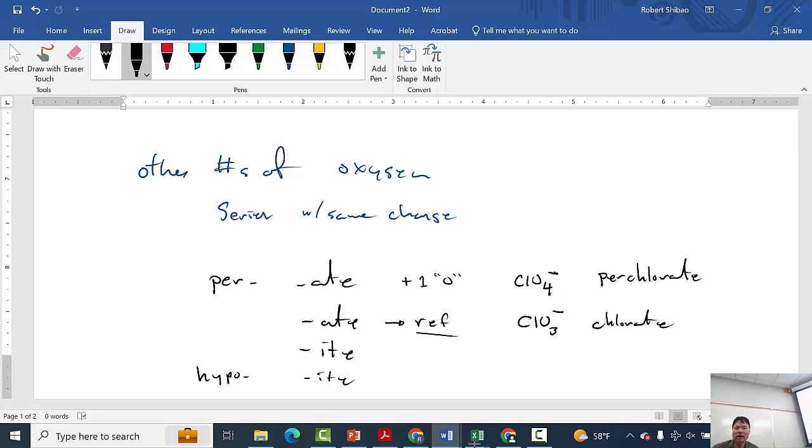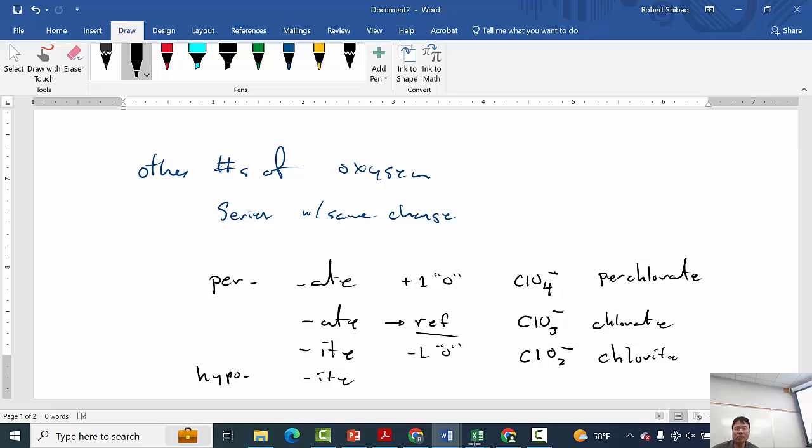All right, what if we have 1 less oxygen? Then we go from 3 to 2 oxygens. And this would be the same charge, and we don't call this chlorate, we call this chlorite. And then that's -1 oxygen from the reference. That would be the -ite.